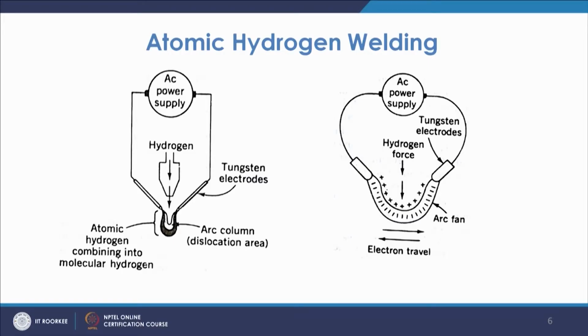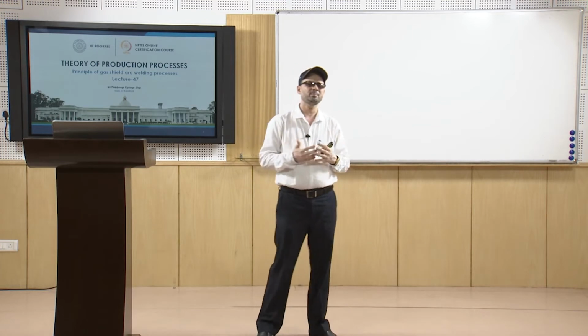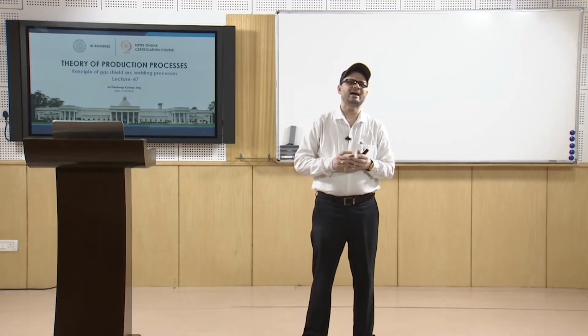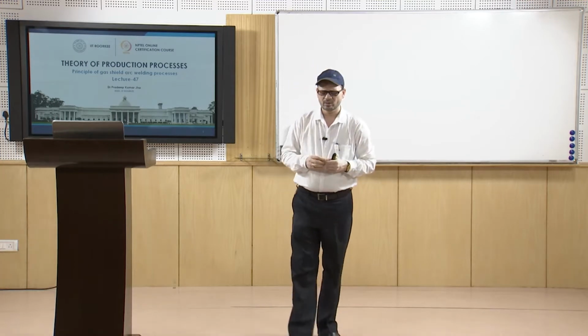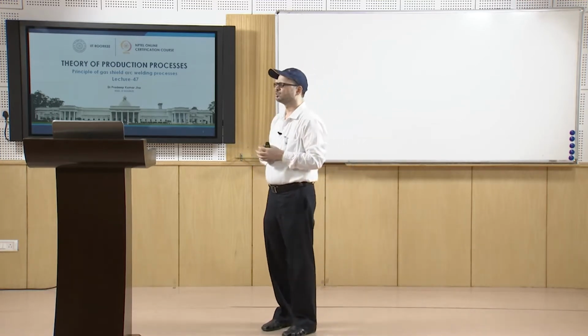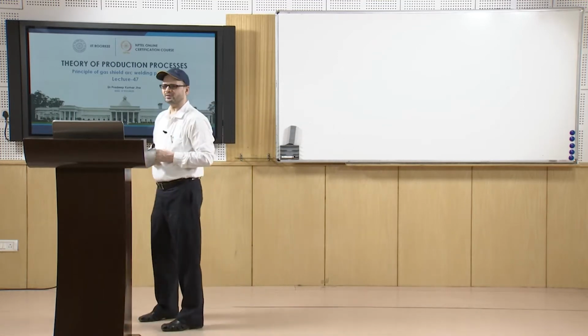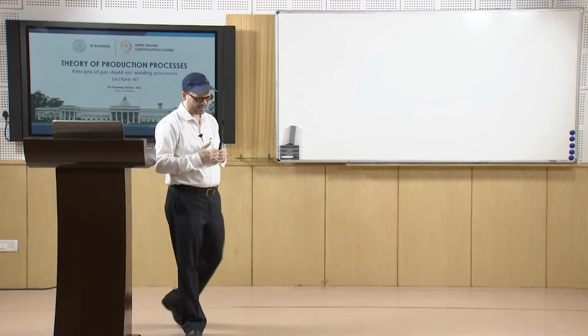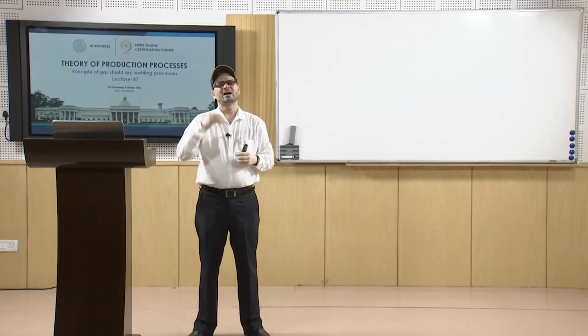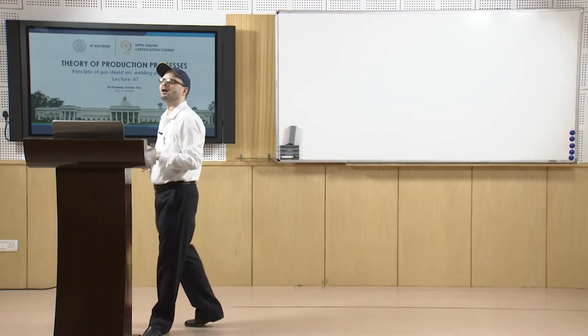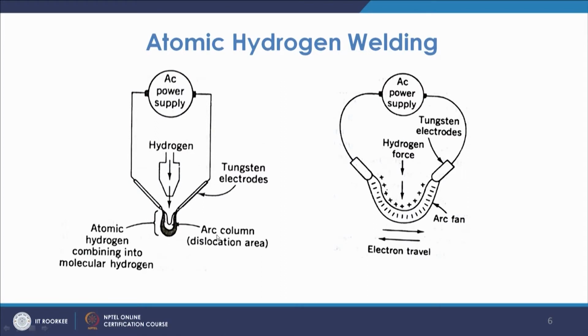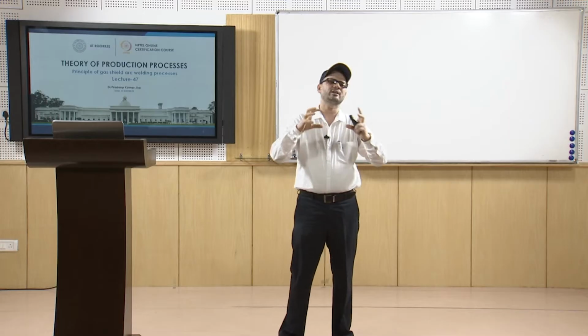In the case of atomic hydrogen welding the mechanism is different. The arc is produced between two tungsten electrodes, but then hydrogen gas is passed in between them. The hydrogen molecule, as it comes in contact with this arc at higher temperature, dissociates. That breaks the hydrogen molecule into hydrogen atoms.